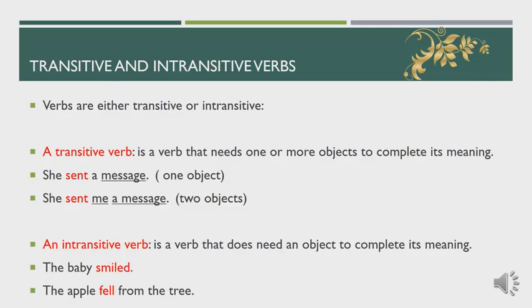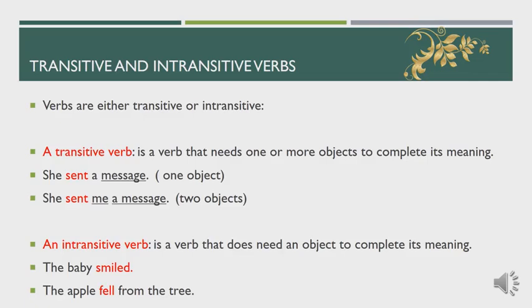Well, verbs are either transitive or intransitive. A transitive verb is a verb that needs one or more objects to complete its meaning. So the verb that is followed by one or more objects is called a transitive verb.